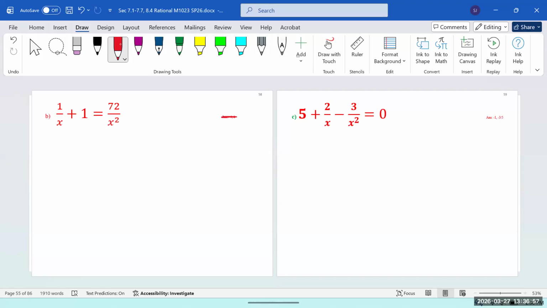We can multiply by something so the result is what you want.